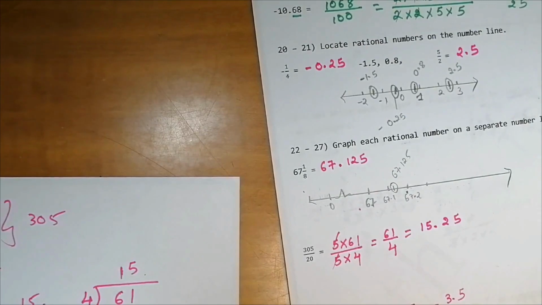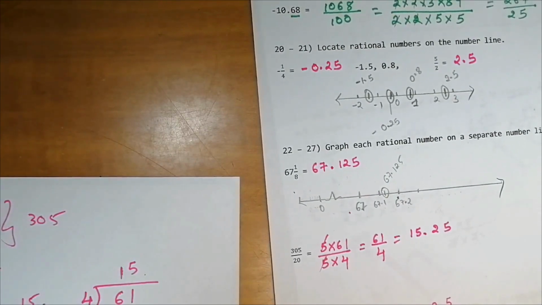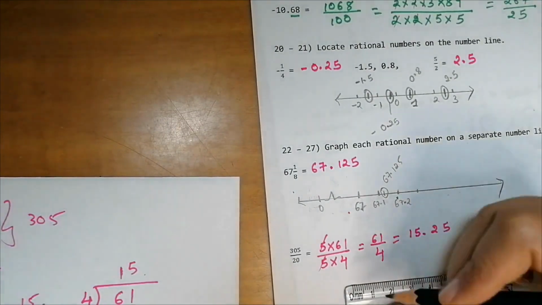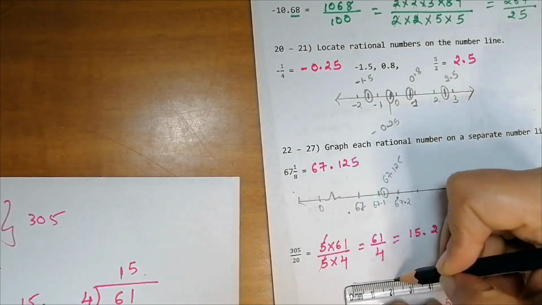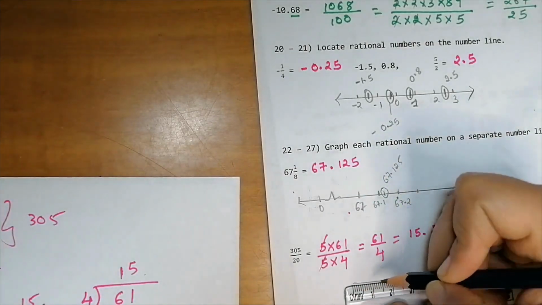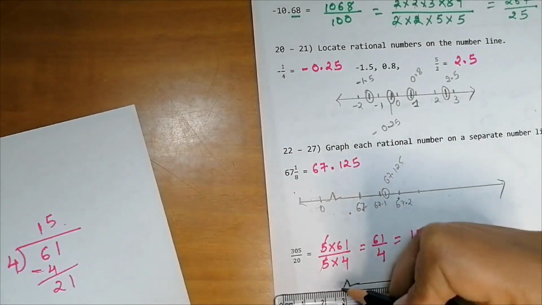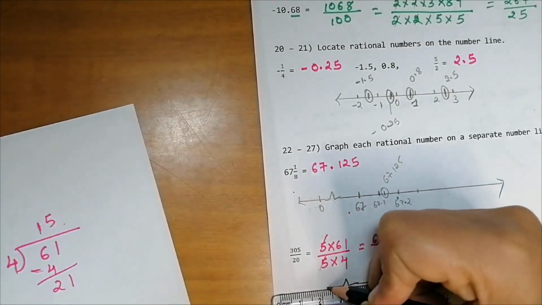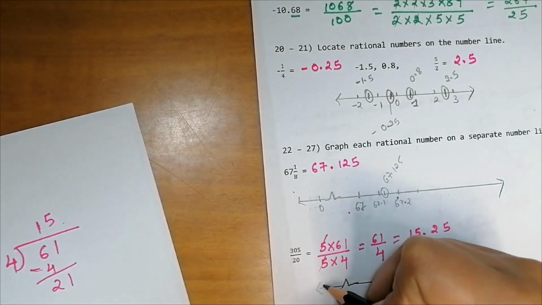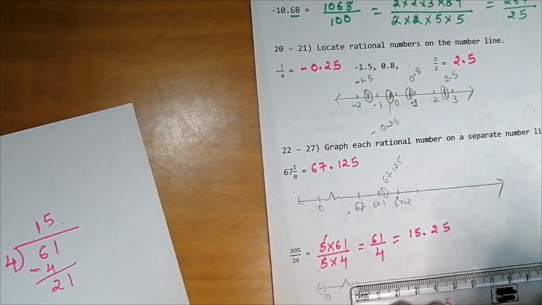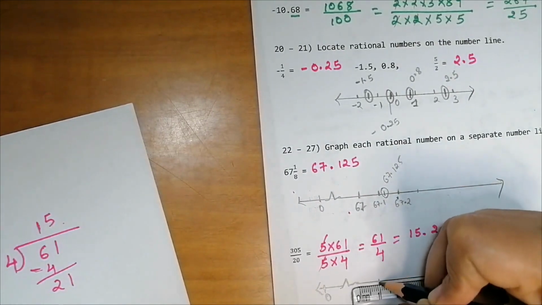Next we have 15.25. So again we go in the number line, and the same thing I'll do. So I have my number line here. Let's say I will do this here, and I'll extend it further. So this is my 0 here. Okay, so I will mark my 15 over here.